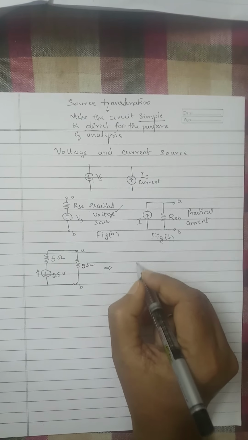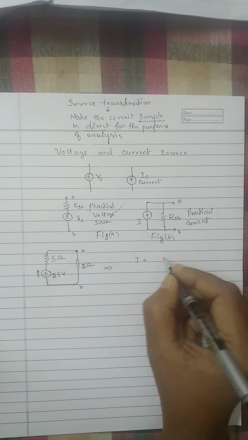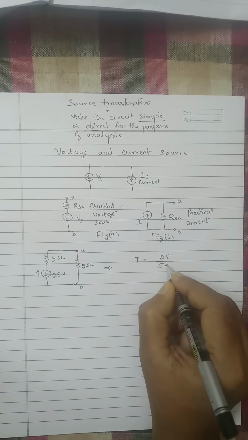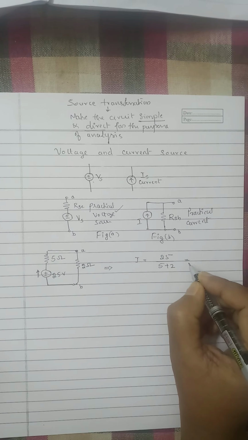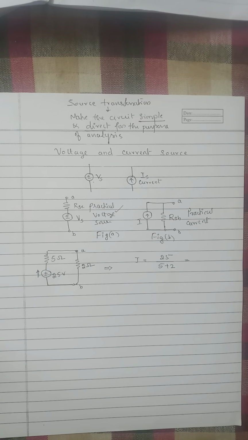First we need to evaluate I. I is equal to 25 divided by 5 plus 2. 5 plus 2 is 7 ohm resistance.